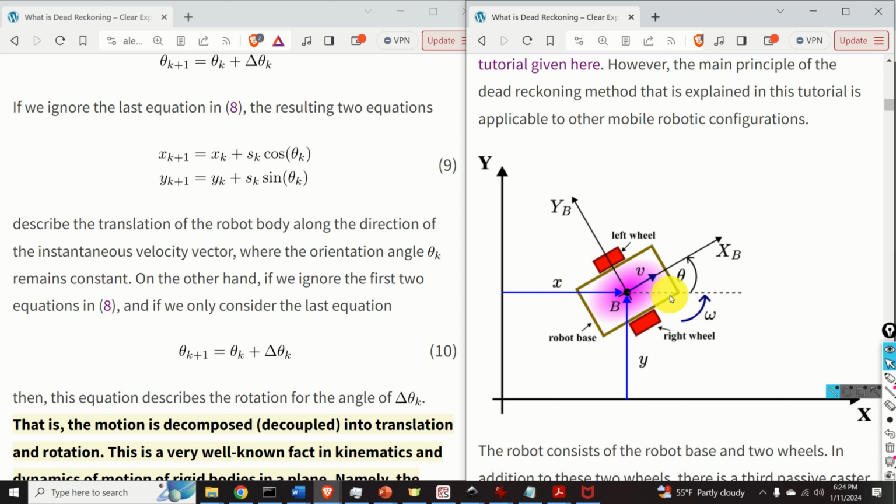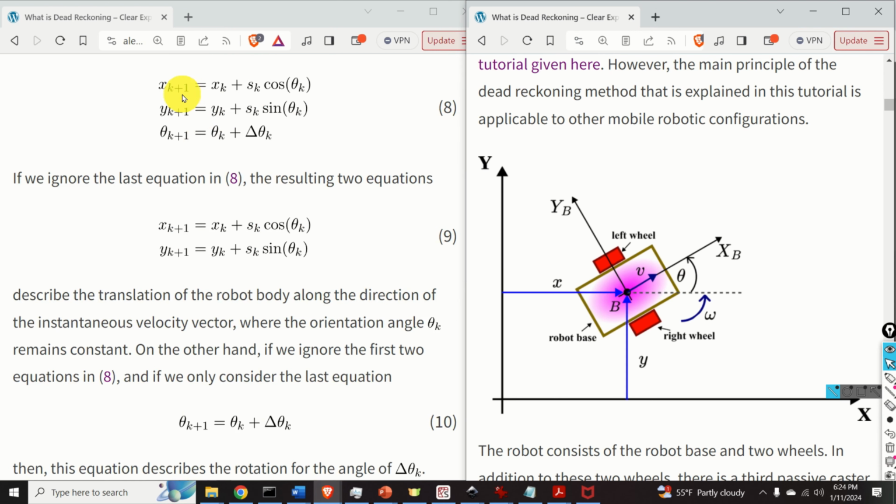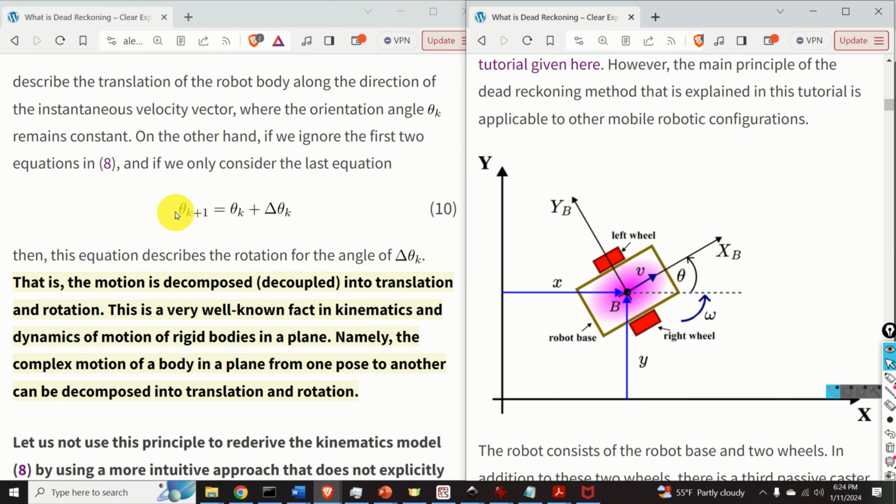Here, the orientation angle theta k remains constant. On the other hand, if we ignore the first two equations, we are left with a single equation given over here. This equation describes the rotation by the angle of delta theta k.